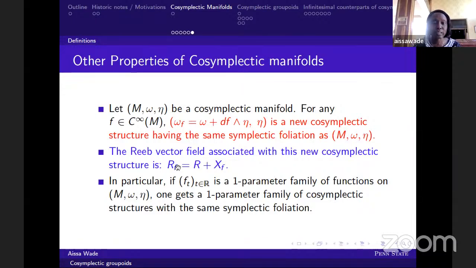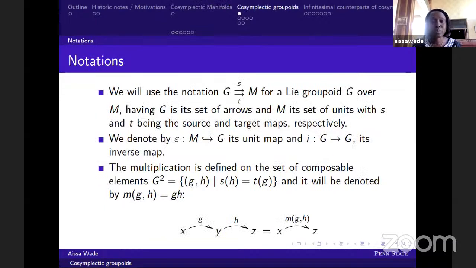The Reeb field is the Reeb field from the first one plus the Hamiltonian vector field of f. In particular, if you start with a one parameter family of functions, you get a one parameter family of cosymplectic structures. So this is a way to construct cosymplectic structures on a manifold starting from one, but we will not use it. This is just a remark.